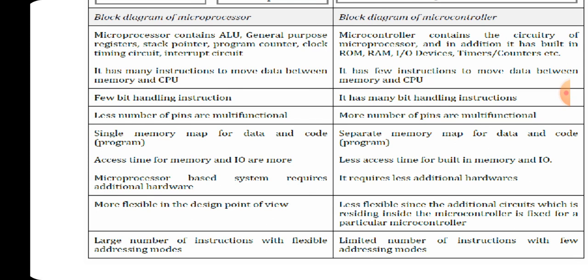Whereas if you are using a microcontroller as its CPU, then it is less flexible, since the additional circuits residing inside the microcontroller are fixed. Whatever timers you have, or the amount of internal RAM or ROM, or the number of IO ports, cannot be altered or changed.